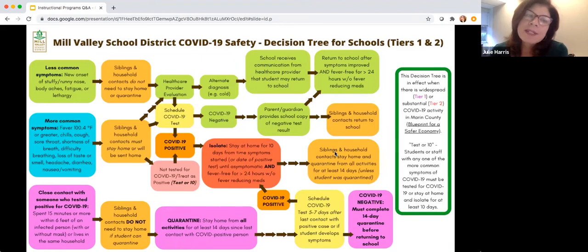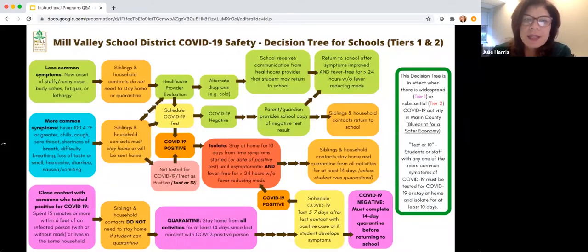A more common symptom set of COVID that might be found in students when we return to in-person learning is in the middle column: fever of 100 degrees, chills, sore throat, shortness of breath, difficulty breathing, loss of taste or smell, headache, diarrhea, vomiting.